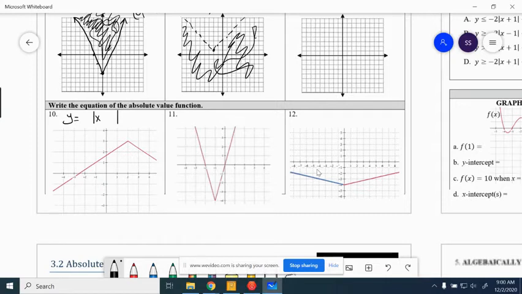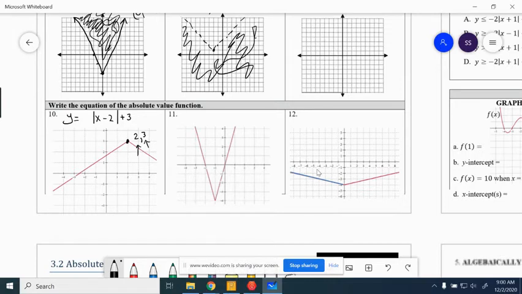And now let's look at our vertex, which is right here, which is at point 2, 3. And so remember, this is always the opposite inside these absolute value bars. So this is negative 2, and then this one, the k value, is off to the side on the outside of the absolute value, positive 3. And now we can look for our slope.